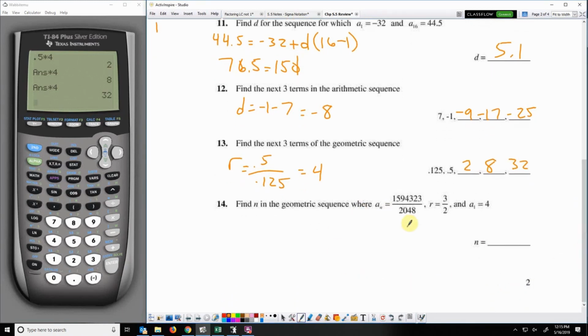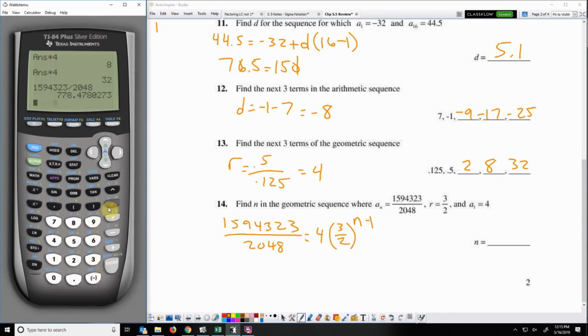And find n in this geometric sequence. Okay, so a sub n equals a1 times r to the n minus 1 power. So I can divide by 4, so that's 1594323 over 2048 divided by 4.